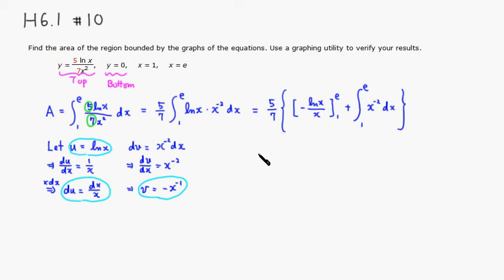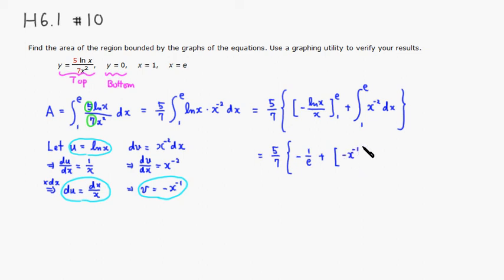Then we have 5 over 7 still there. Then plug in e. If you plug in e, natural log of e is 1, so it's negative 1 over e, minus, with the negative sign, plus, and plug in 1. Actually, that's 0, so that's gone. Then you have a plus sign, so I shouldn't have erased it. The antiderivative of this would be x to the, add 1 to the power, divide by negative 1.